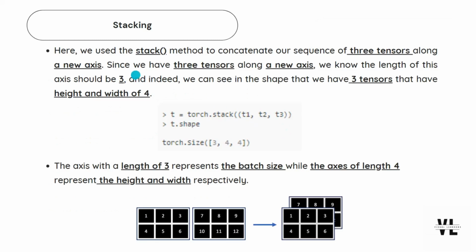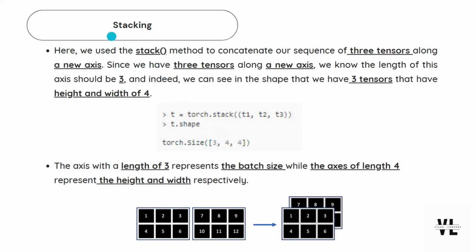In order to do that, we're going to introduce a new concept called stacking. Here we used the stack method to concatenate our sequence of three tensors along a new axis. Since our current tensors only have 2 axes, the height and width, and we need to add an additional axis in order to concatenate our tensors, we need to define a third axis.